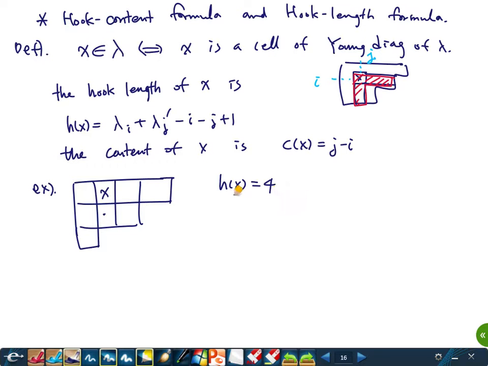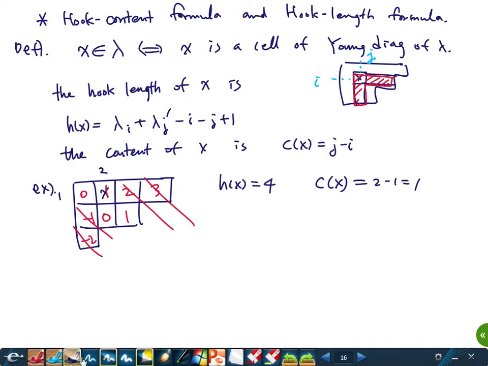What is the content of this? j is 2, i is 1, so 2 minus 1 equals 1. So basically, contents along the diagonal are all 0s, these are all 1s, these are all 2s, and 3s, etc., and going down, minus 1, minus 2, etc. These are the contents. Okay? So we defined hook and content.